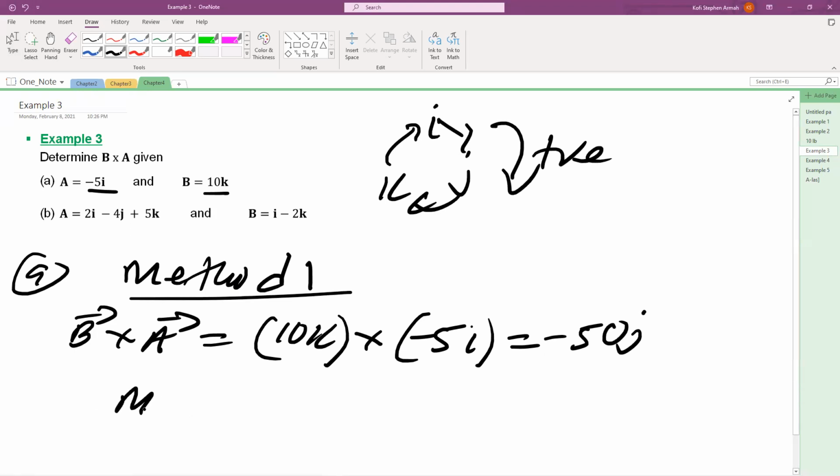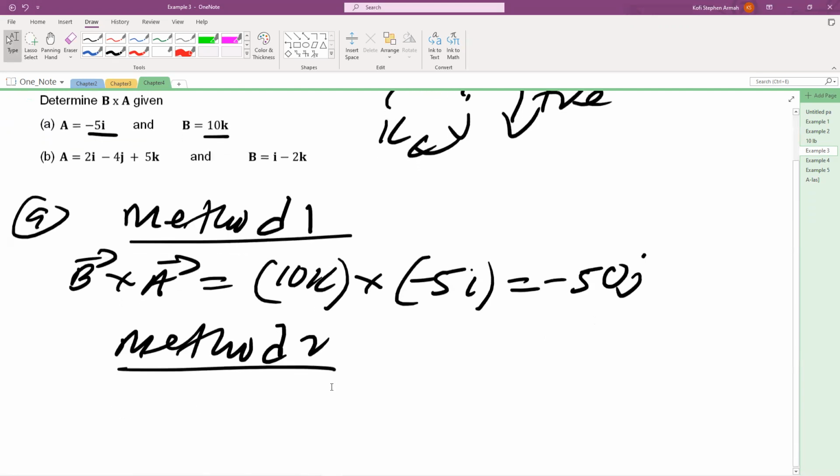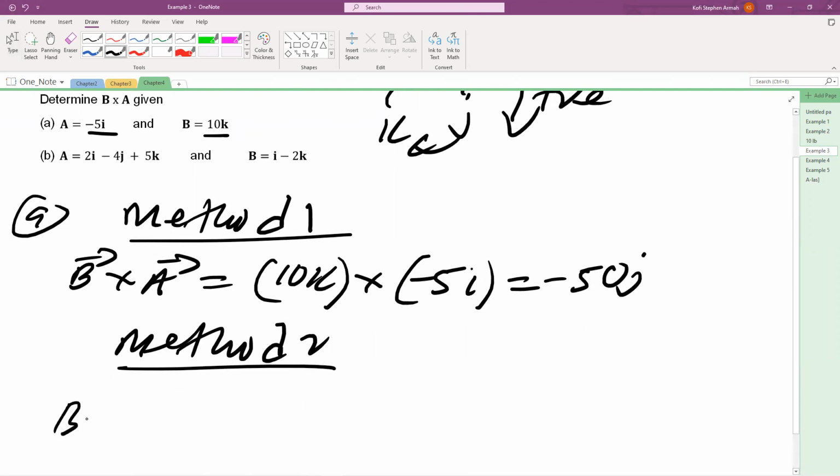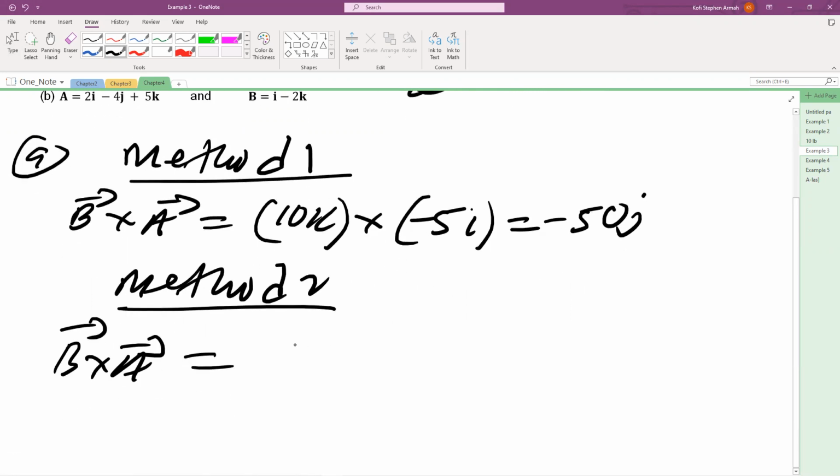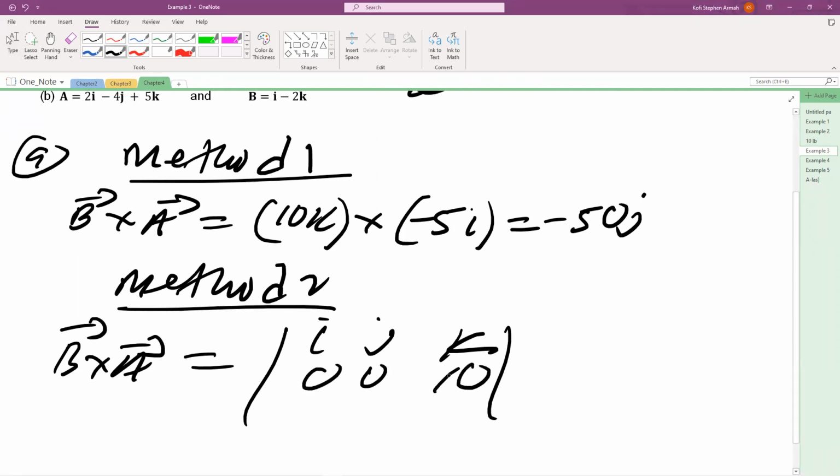For method 2, you want to use the determinant approach, which you don't need for this simple example. Then B cross A is the determinant. You write I here, J here, and K. The B is 10K, so it's 0, 0, 10.